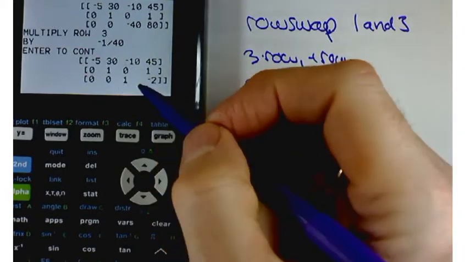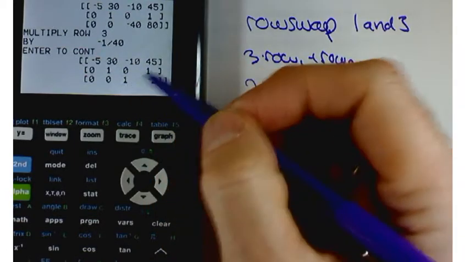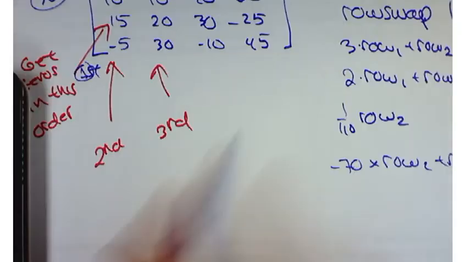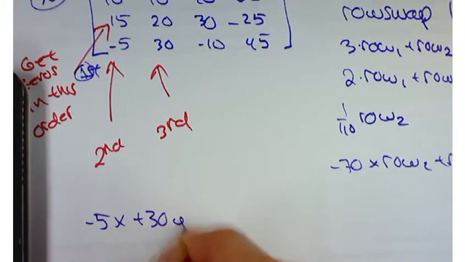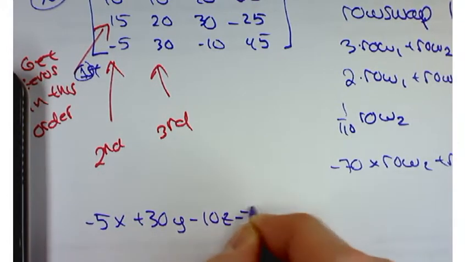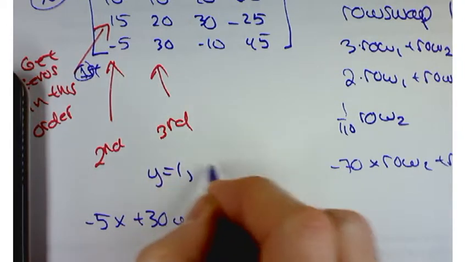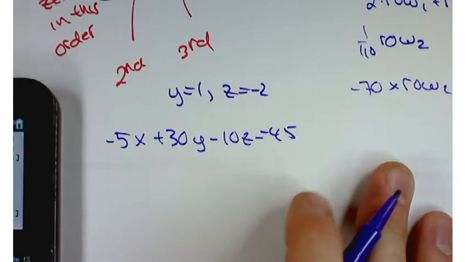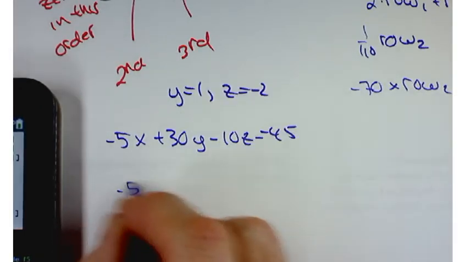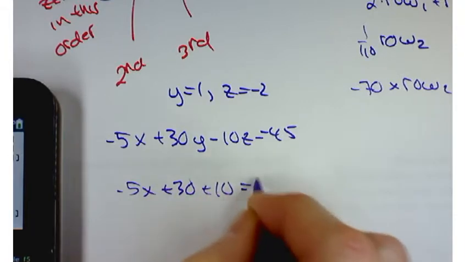Now we're not going to go to the extreme of putting this in reduced row echelon form, and we can pretty much solve it from here. The last thing we need to do is work with -5x plus 30y minus 10z equals 45. I already know that y equals 1, z equals -2, so let's plug those in. That's -5x plus 30 plus 10 equals 45.